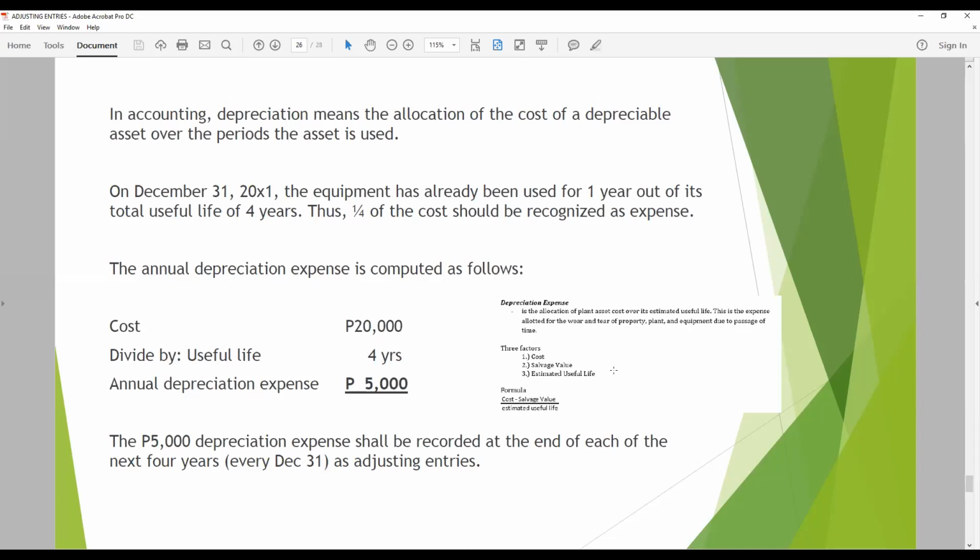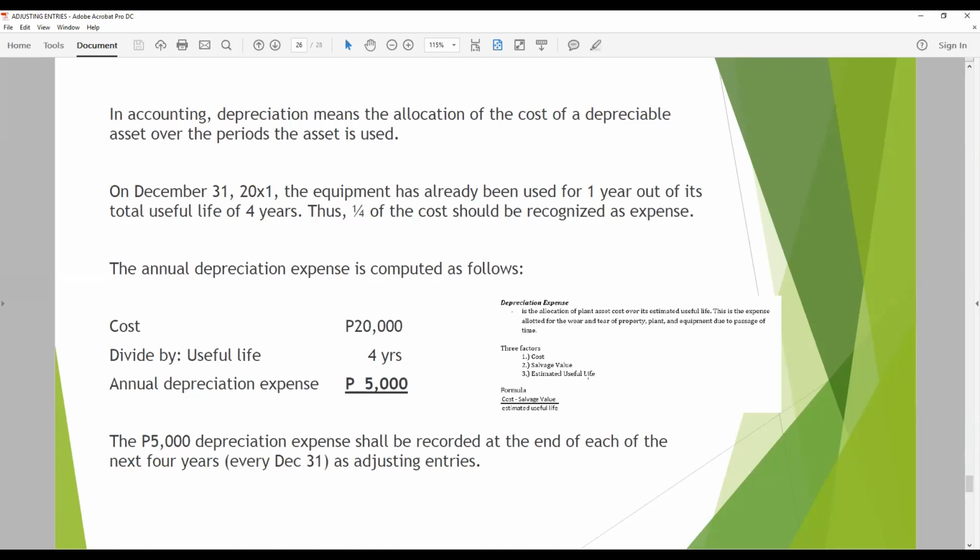First, your historical cost, initial cost to pay for that asset or PPE. You have the salvage value, and you have the estimated useful life. So the formula to compute depreciation expense is cost minus salvage value over estimated useful life.